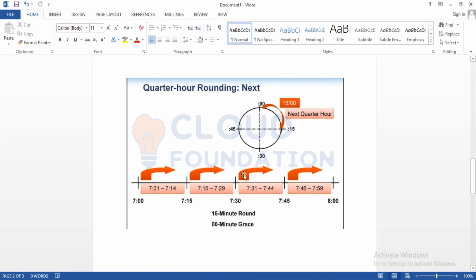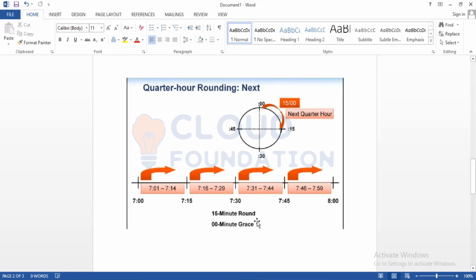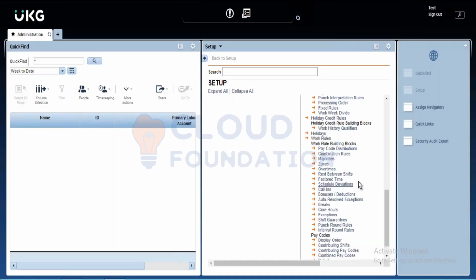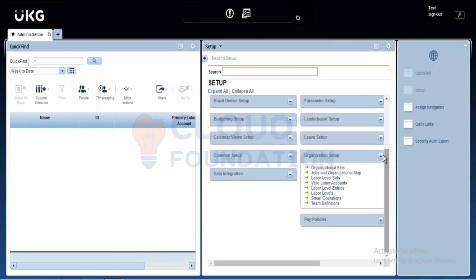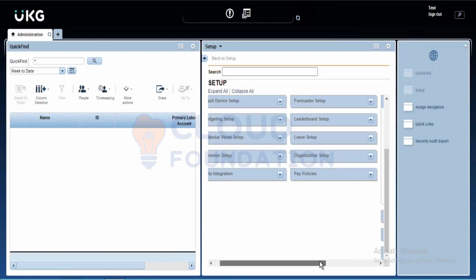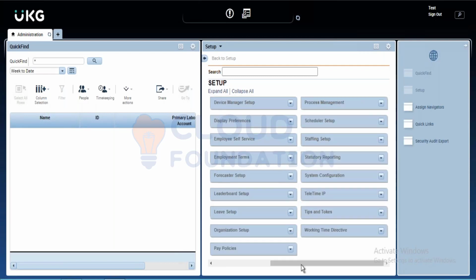So just create this in this format: next, nearest, previous. Once we are done with pay policies, we'll do a small mock interview sort of thing. We'll just see how timekeeping works. It'll also be a good refresher for you.